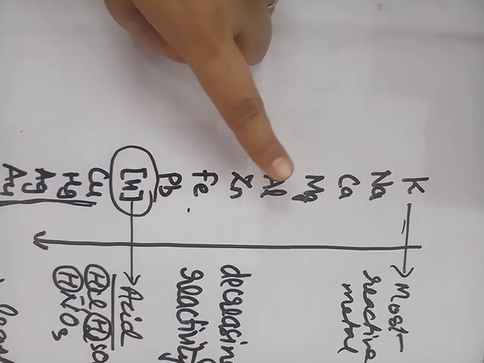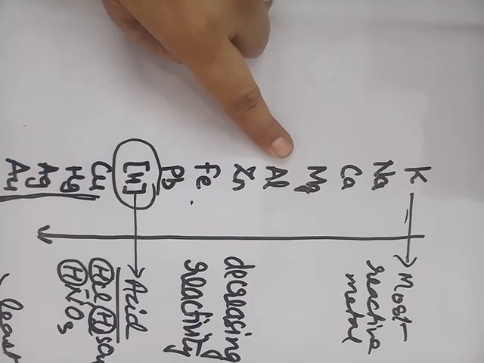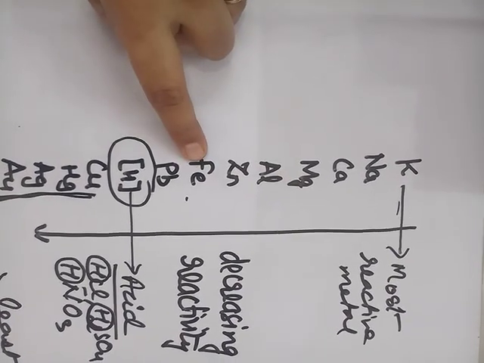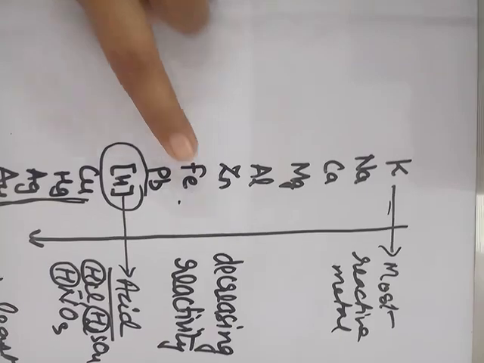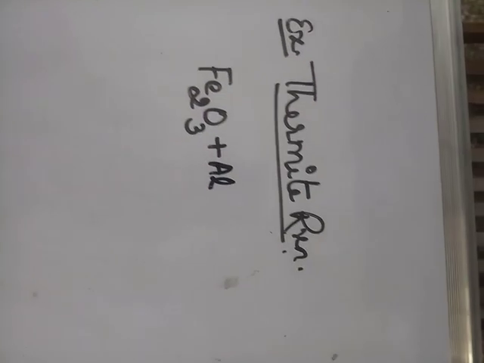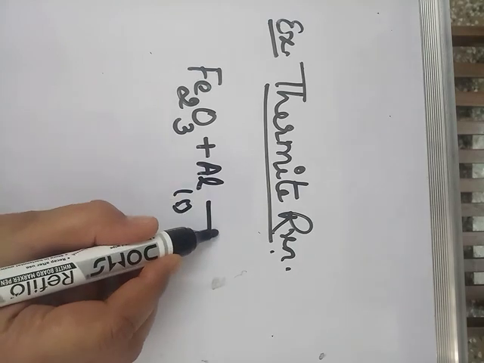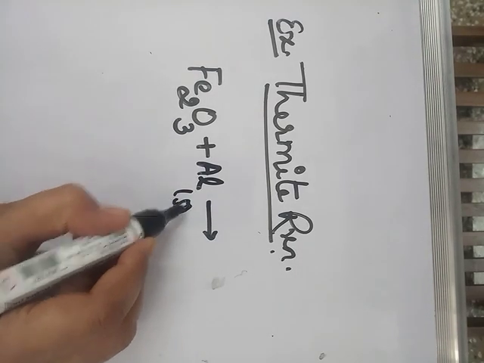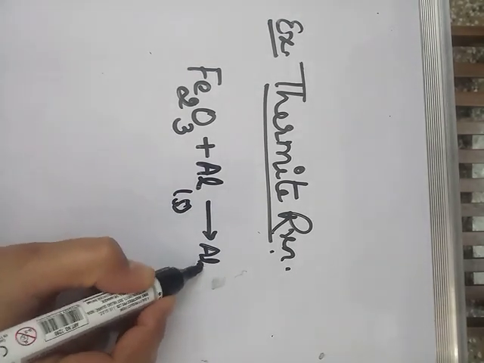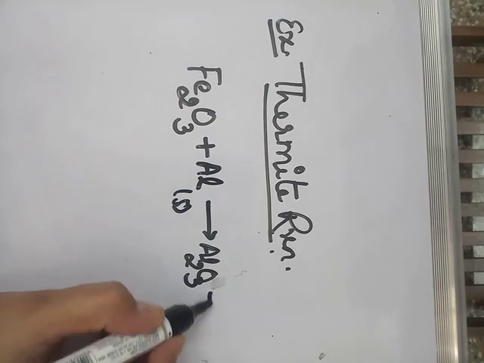According to the reactivity series, iron is less reactive, aluminum is more reactive. So aluminum can displace iron from its compound. So we'll be getting aluminum oxide plus iron.